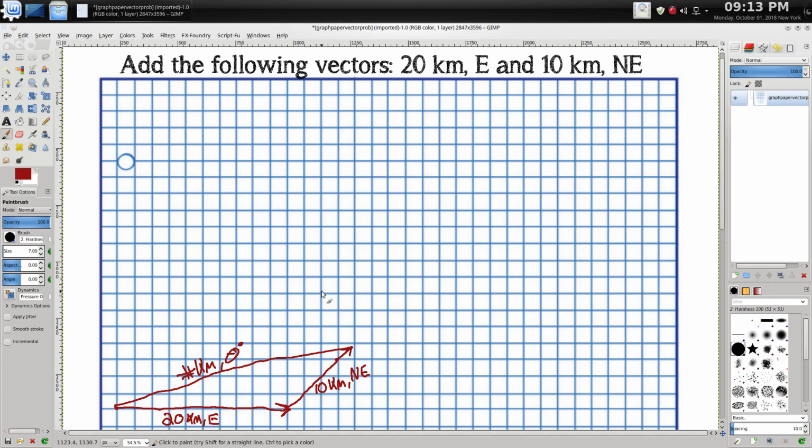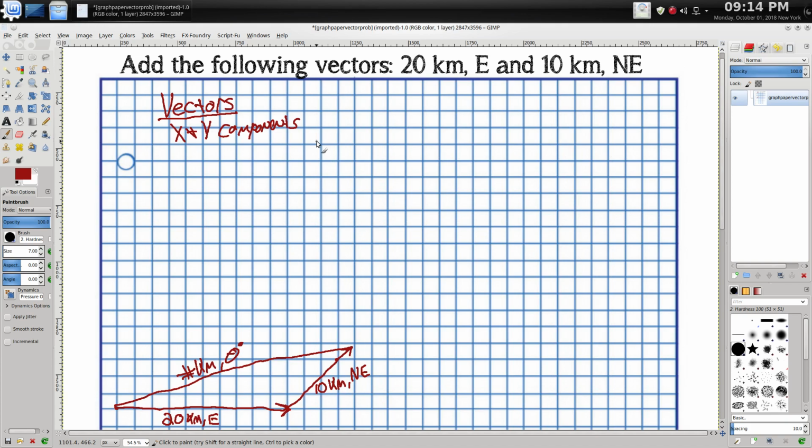Now, I'm going to try my best to explain to you how to do this, okay? All right, vectors, okay? Vectors have components, and what that means is they have parts, okay? All vectors have x components and y components, okay? Now, what that means is they have x direction and y direction associated with them, okay?